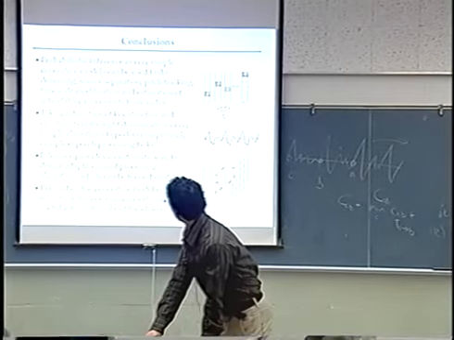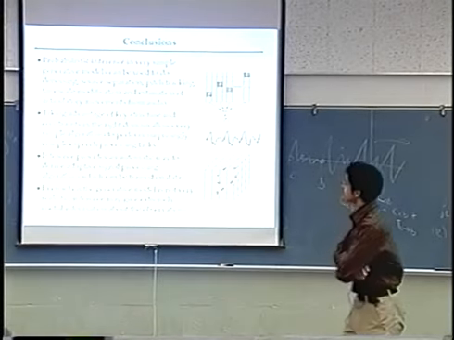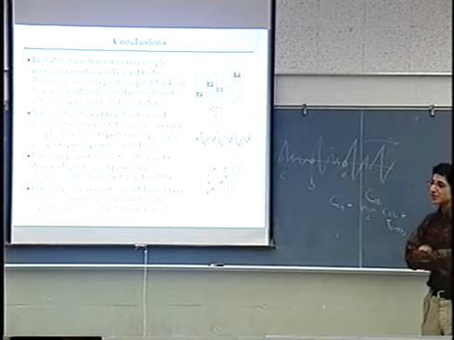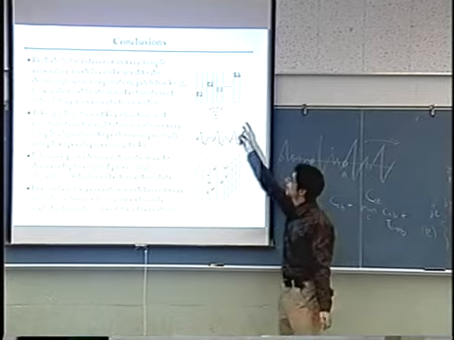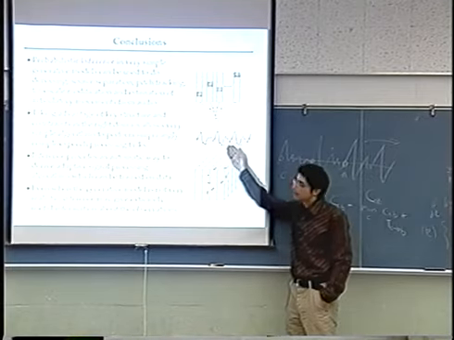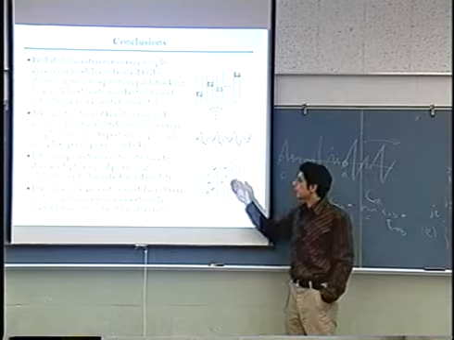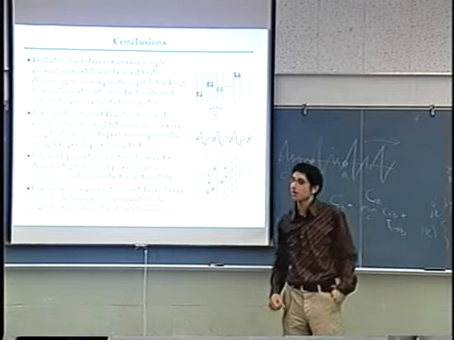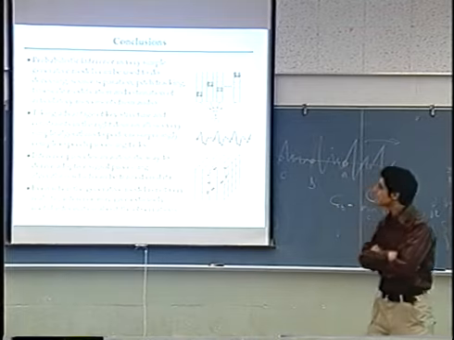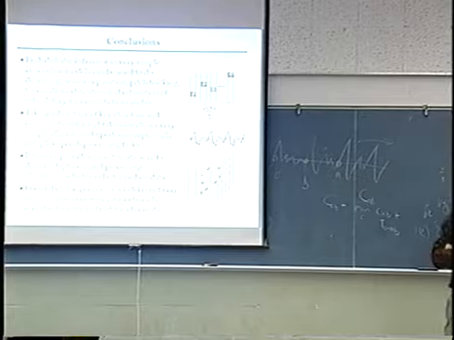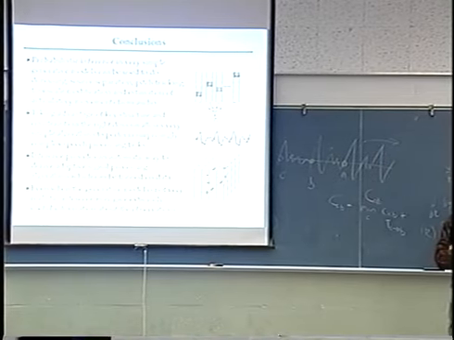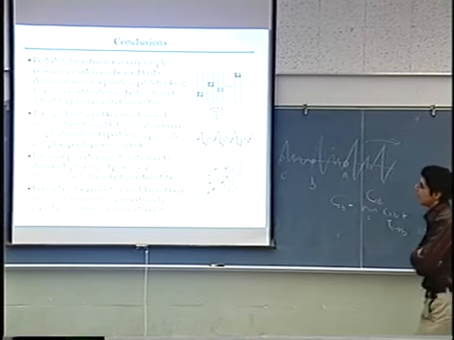OK, so I'll just finish up here. I've tried to convince you using these 3 simple examples, this max VQ model, this segmental waveform model, and this constrained HMM model, that probabilistic inference in very simple generative models can be used for a lot of different speech tasks.